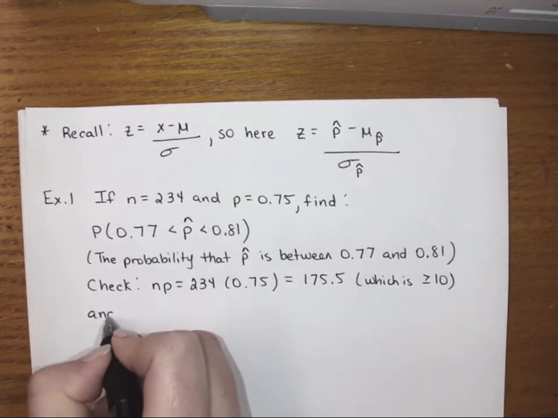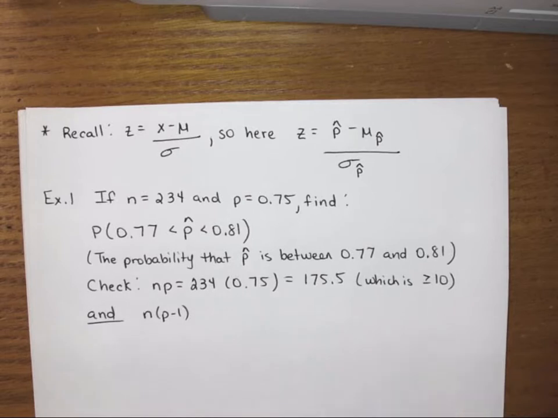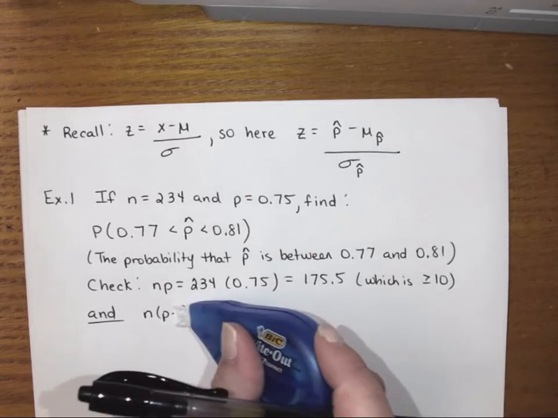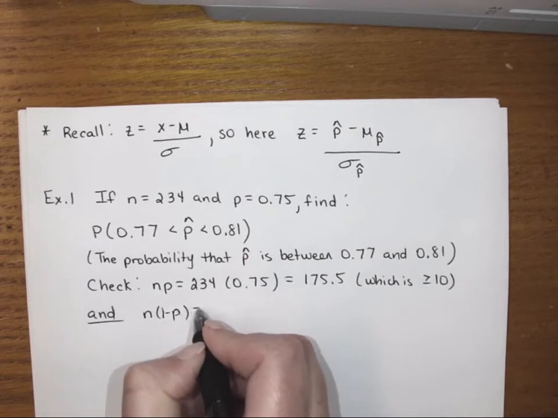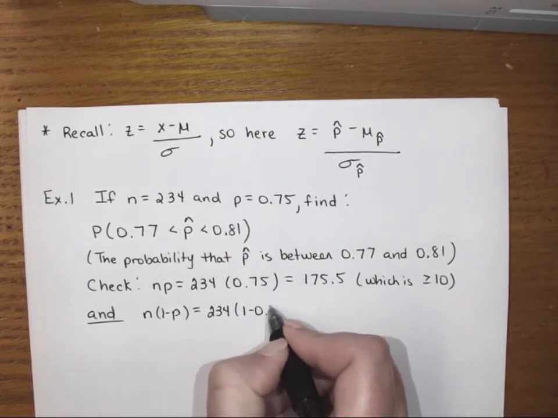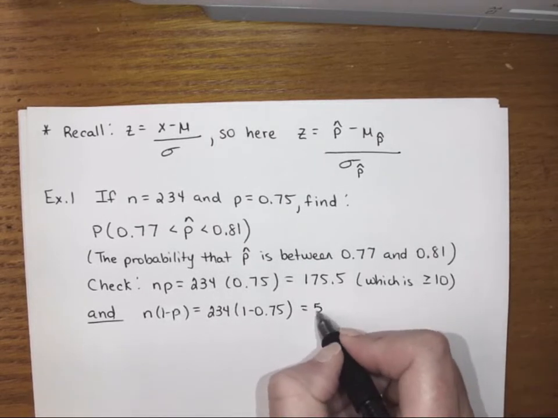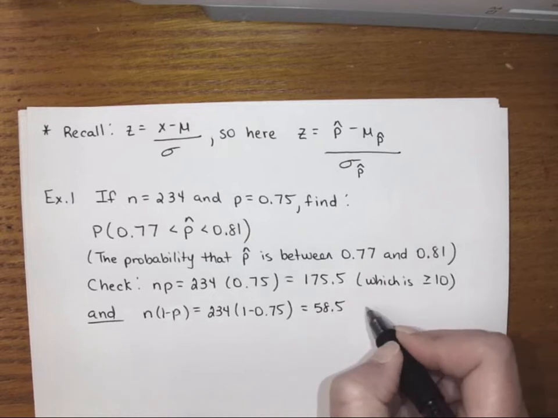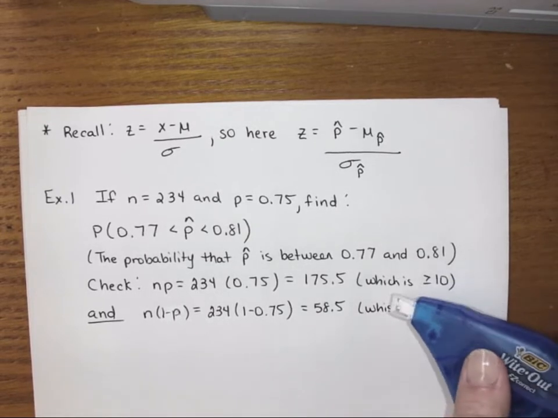But we have something else to check. We also need to check to see what n times (1 minus p) is, not p minus 1 like I just wrote. So n is still 234, but now we're going to do 1 minus 0.75, or just the opposite of 0.75, which is 0.25. So we end up getting, you can check it on your calculator, 58.5, but notice this is also greater than or equal to 10.